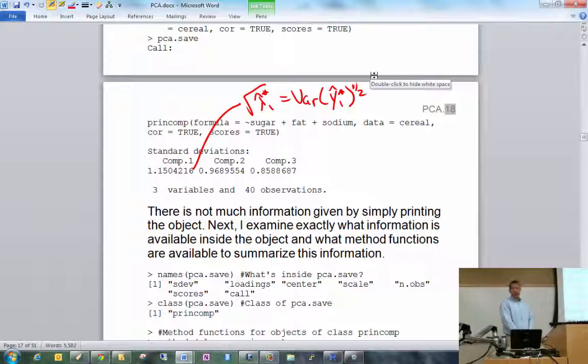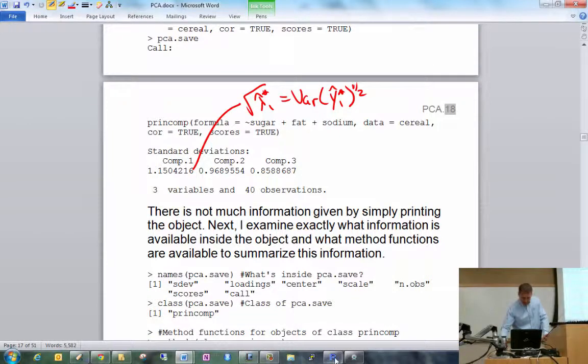In this case, we know that the sum of our eigenvalues should be equal to p. Very good, yeah. So the sum of the eigenvalues here is equal to 3, because we're working with the correlation matrix. Remember, the correlation matrix is going to have 1s on the diagonal. And so, as a general idea of how good is this first principal component, I think we said lambda was 1.32.